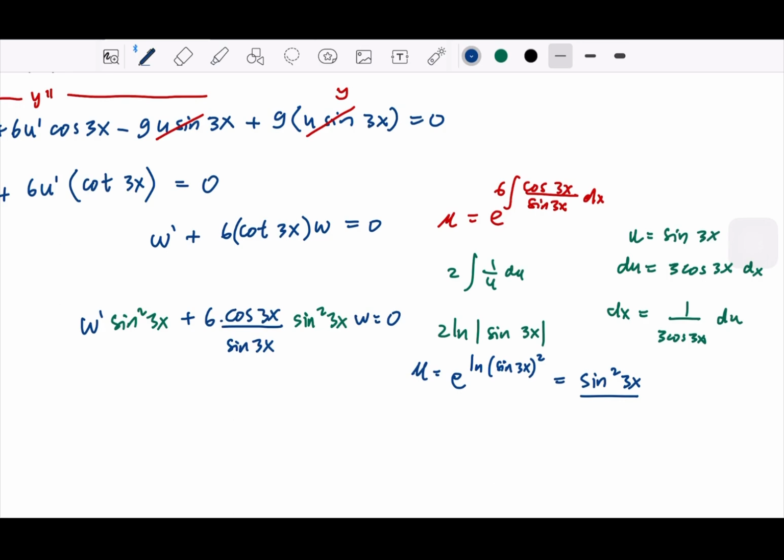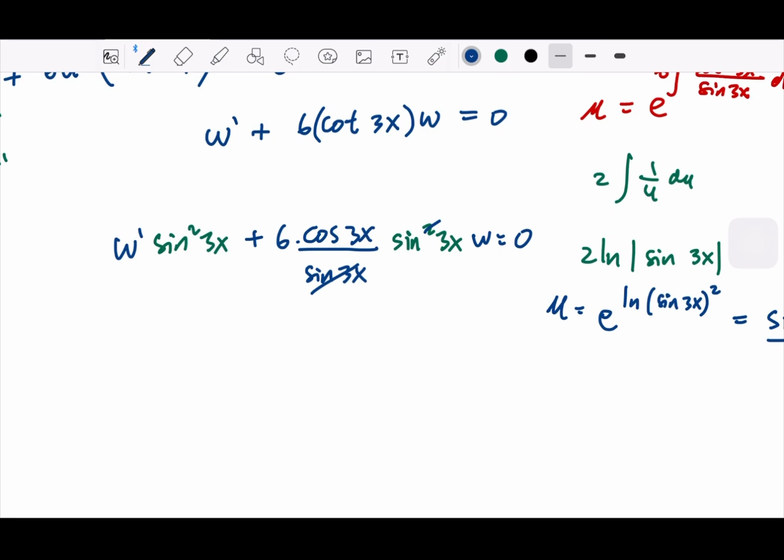So we could cancel this one, and then we can simplify into our product form, w times sine squared 3x, right? Now we can check that if we differentiate this, we get 6 and 2 and then 3, 6 cosine 3x and sine 3x.